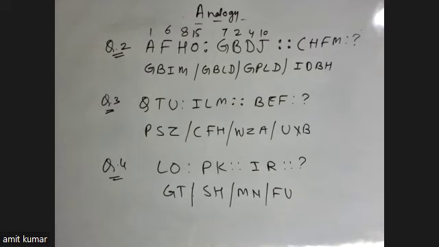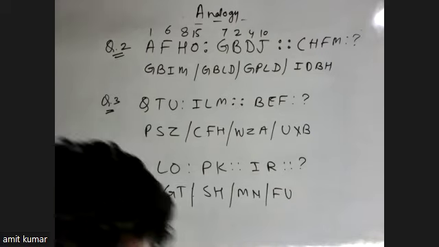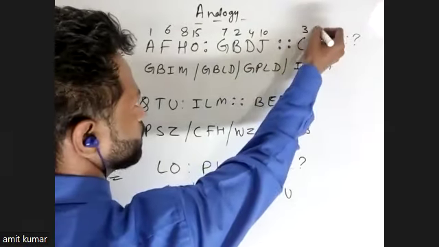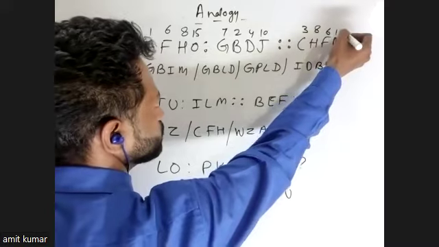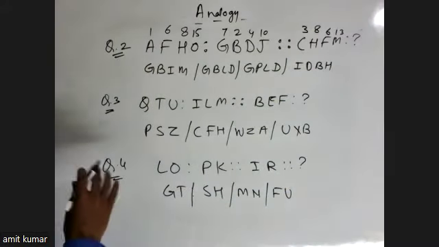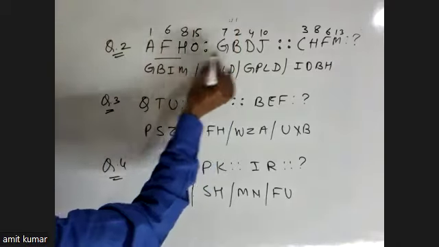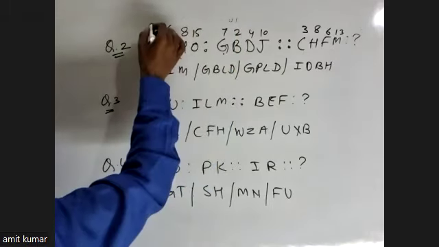The first one is a little tricky. Let me tell you what's difficult in this case. 3, 8, 6, and this is 13. Now, the difficult part is they haven't related AFHO with this one. No, they have related these two.